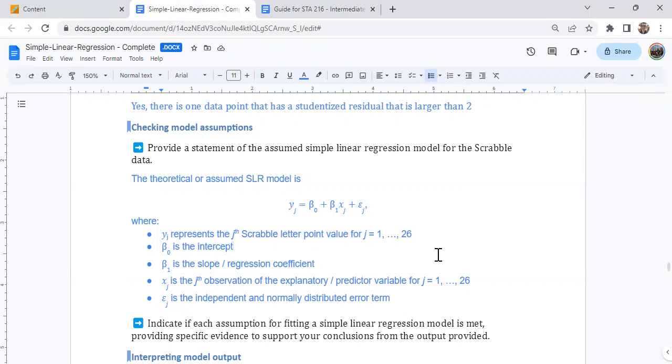And then the only thing you really need to update after that is the 26 down here, and then the X variable. So X is the, or we'll say the percent relative frequency of the jth letter.